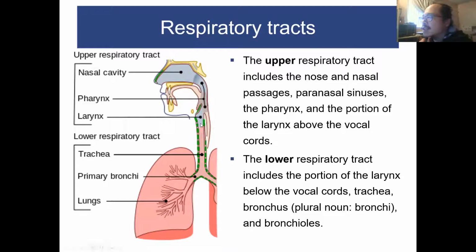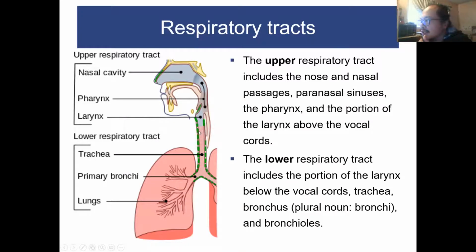Then air will continue going into the trachea. The trachea has several segments right here. It's continuous, but you will see that this is not an exact segment, but this is the cartilage. So cartilage will maintain this tube opening, otherwise it may collapse, right? If it's all soft, it may collapse.